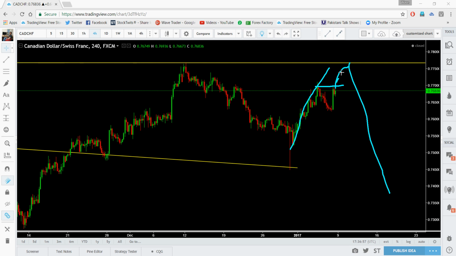Wait for the price to come as close to the top as it can, then look for a sell, so that you can manage your stop loss well and your risk is small.